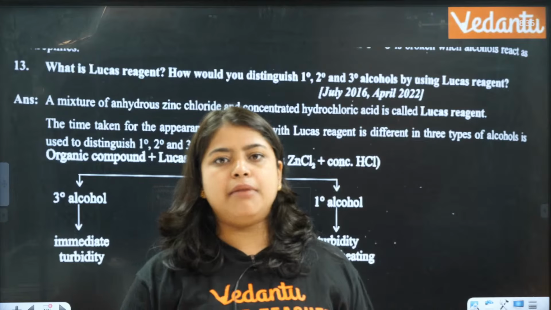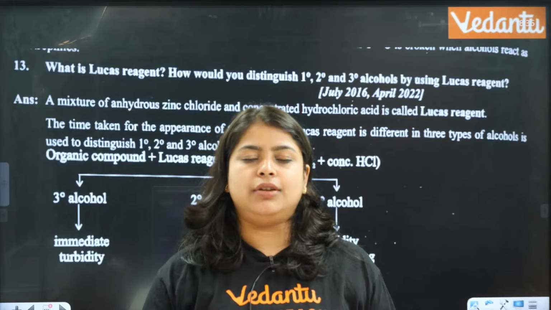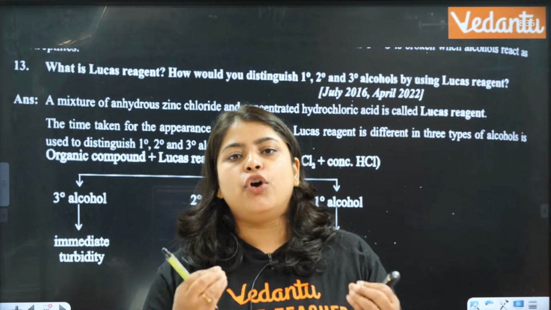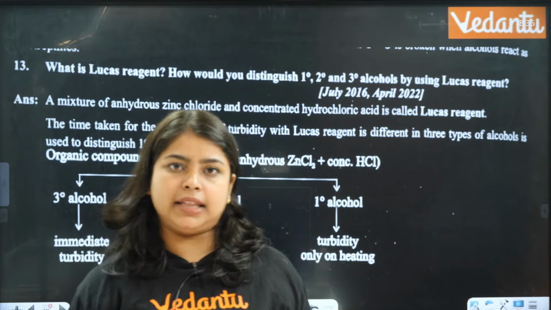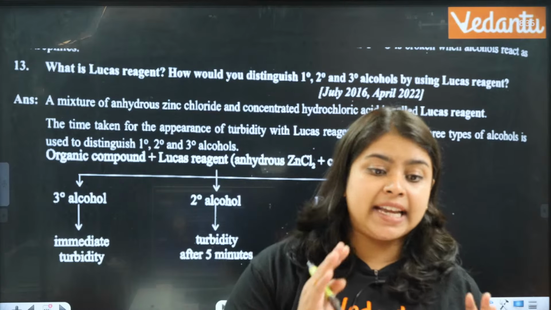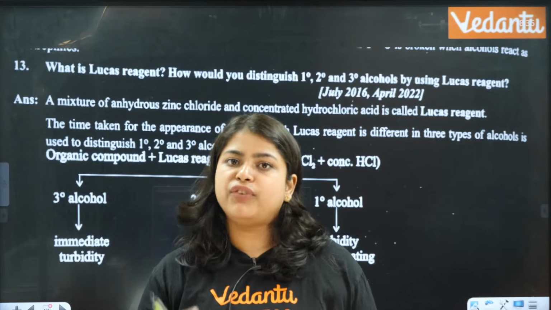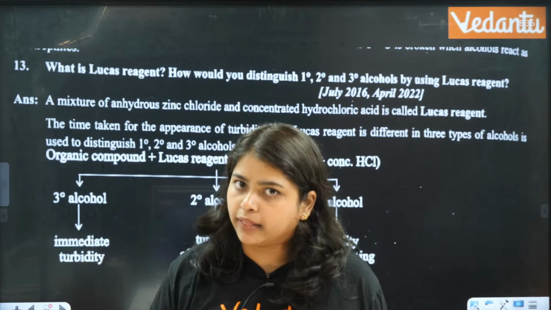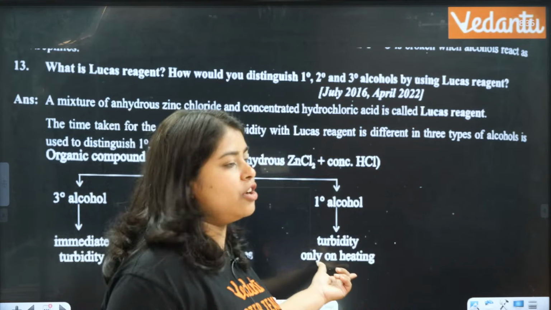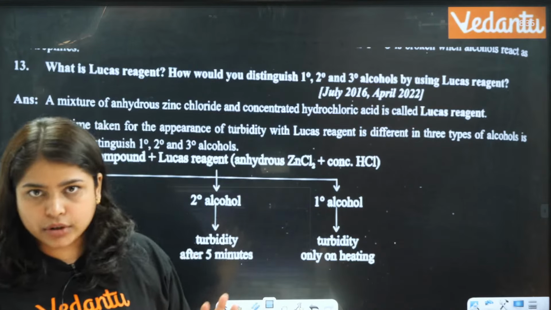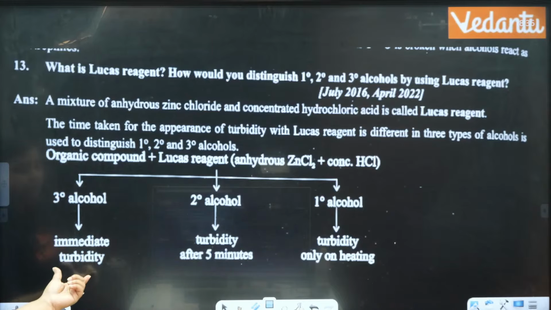If the primary alcohol is reacted, it takes a lot of time for turbidity to form. You can concentrate here itself. If it is a tertiary alcohol, immediate turbidity will be formed.